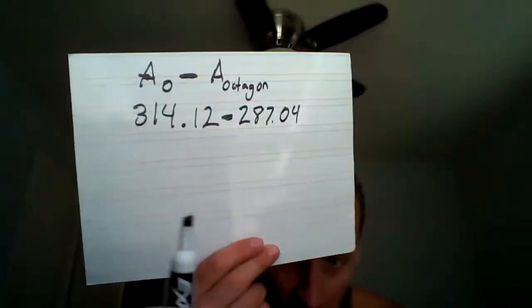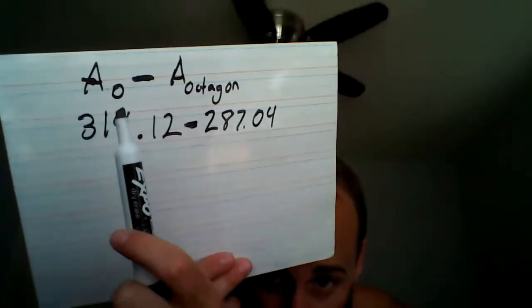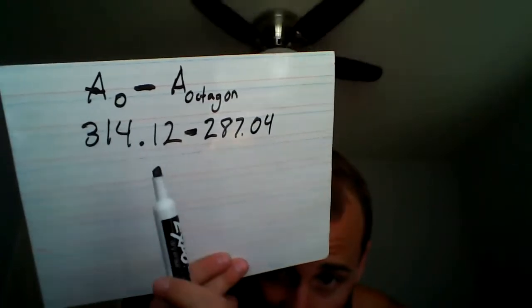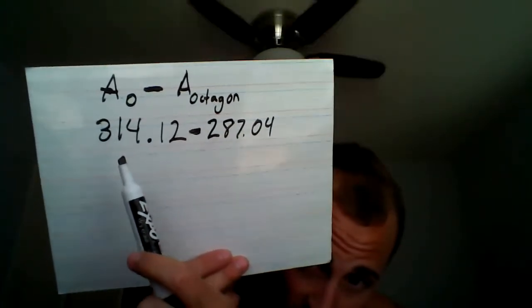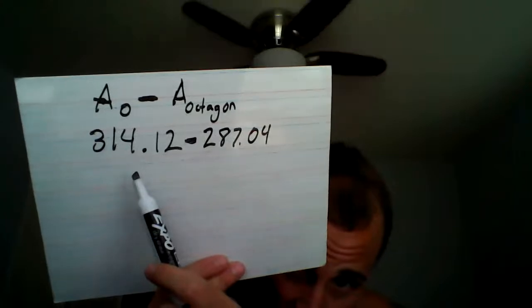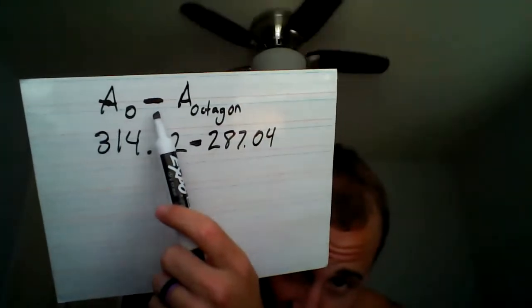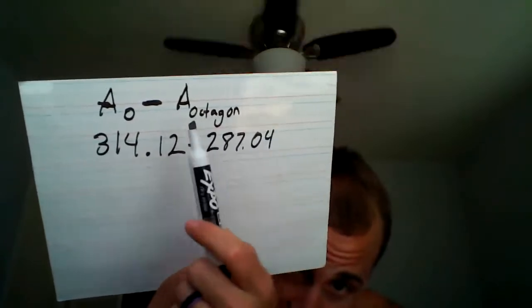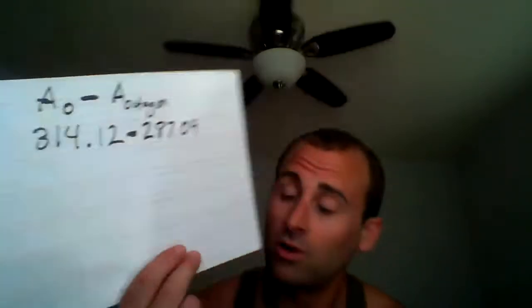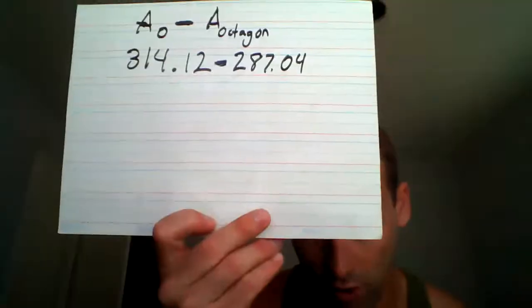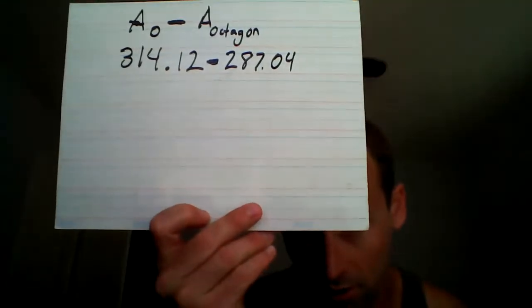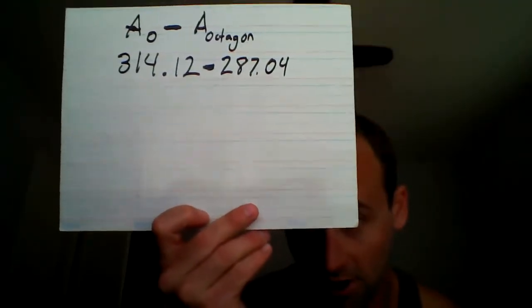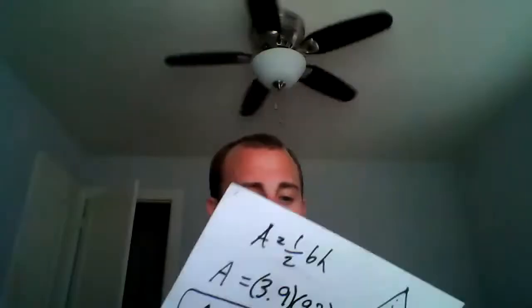Okay, so now the very last thing we need to do is the area of the overall circle, which you guys told me at the very beginning, I think was 314.12. And then we have to subtract that from the area of the octagon inside of the circle, which we just found was 287.04. So we got to subtract those two things, and that's going to give us the leftover area of the dark shaded region.